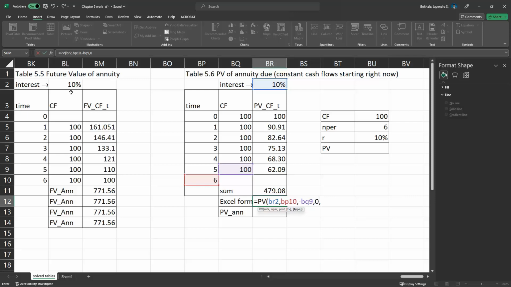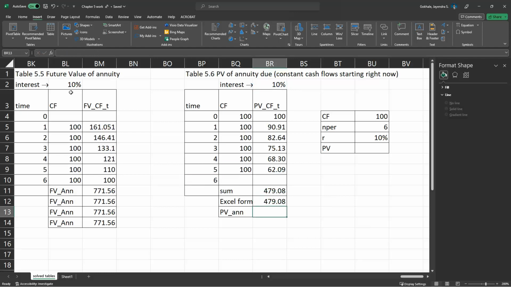That means we have no cash flows at the end of 6th period. And now here is where the difference between annuity and annuity due lies. Instead of choosing end of the period, we choose beginning of the period, or 1. So you go there and press tab, it selects the 1, and then press enter. There you go, same answer.